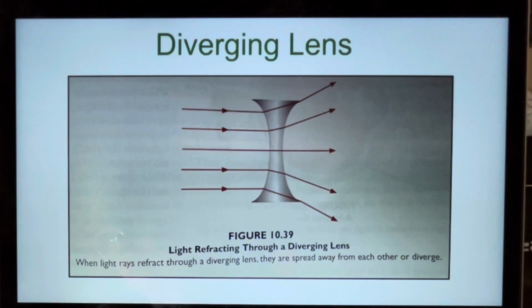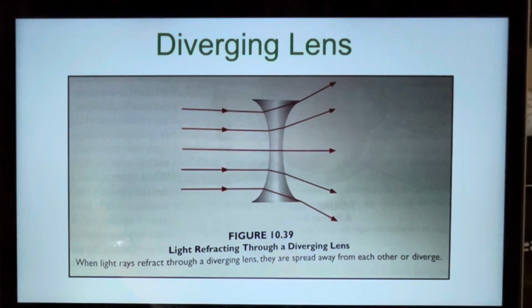This kind of lens, called a diverging lens, bends light rays outward, causing them to diverge away from one another. Once again, please realize that most diverging lenses are much thinner than what I have pictured here. Converging lenses and diverging lenses each have their applications.